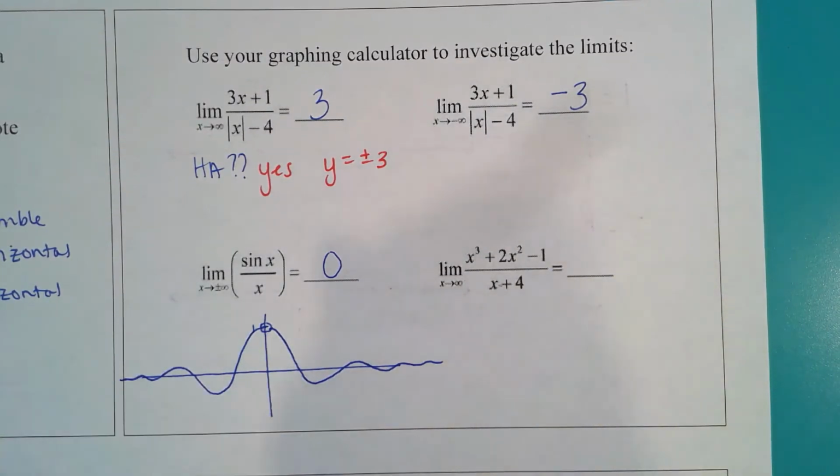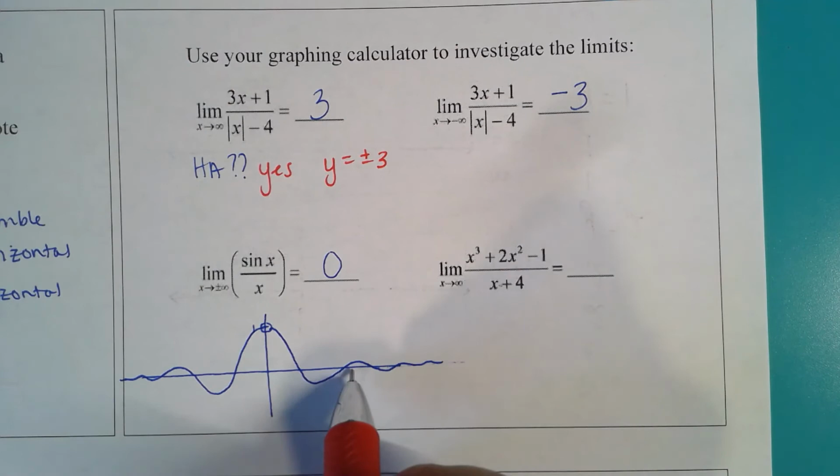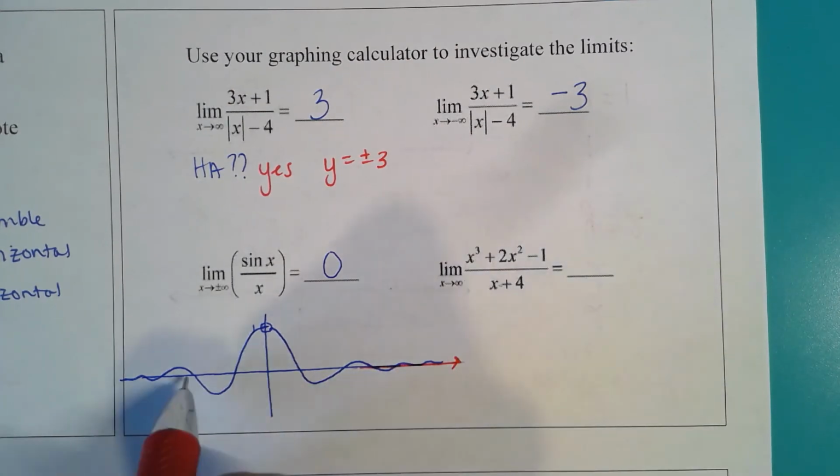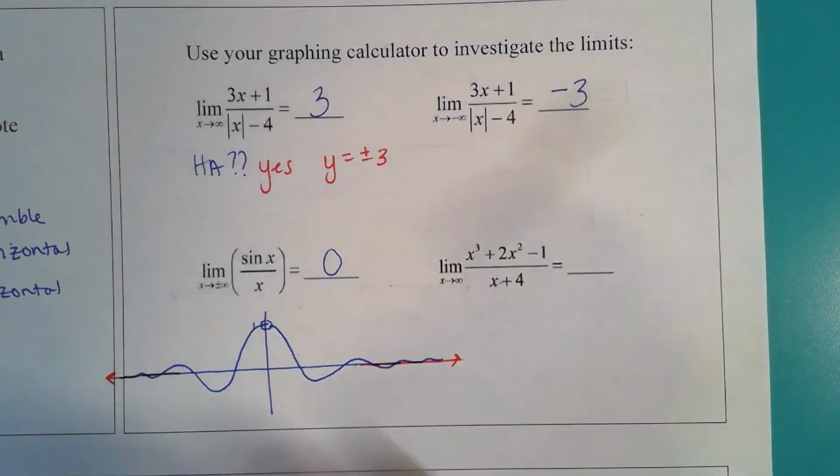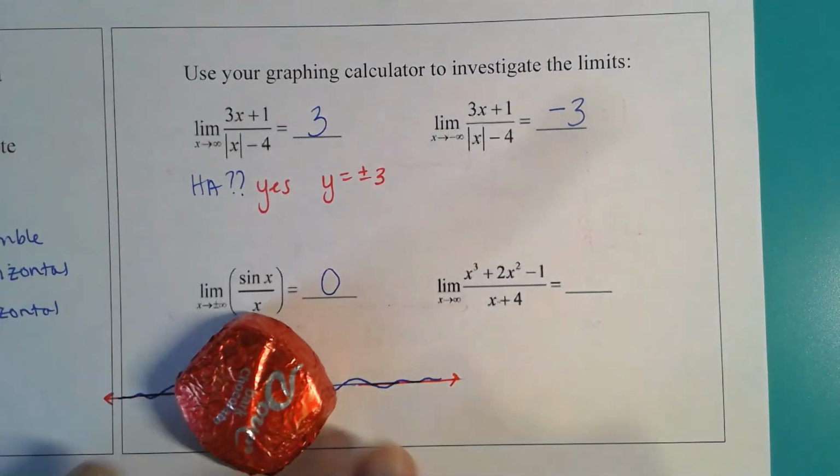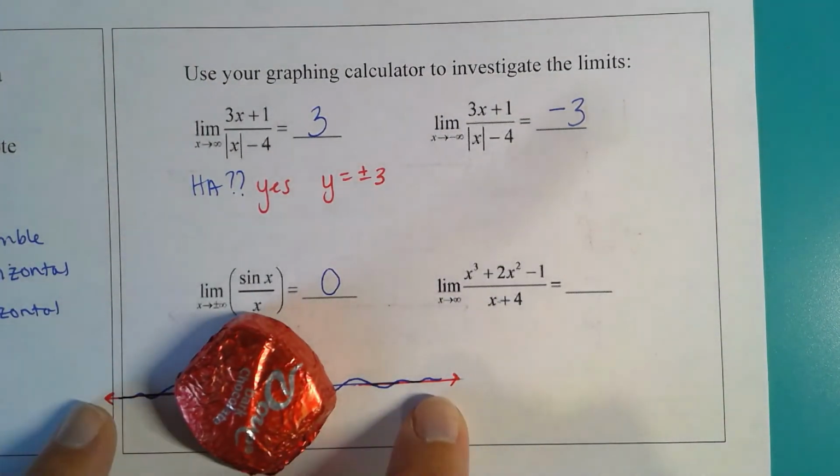And dampens means the amplitude gets shorter and shorter and shorter. So that's why it's bouncing back and forth, positive and negative. But the limit is 0 because this graph is approaching 0 in the ends. That graph, if I drop my chocolate on the middle, would start to resemble the line y equals 0.